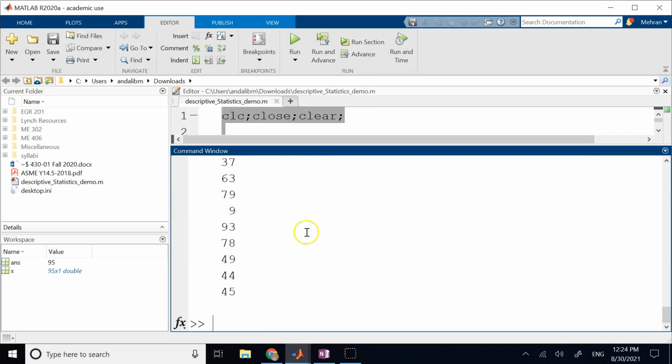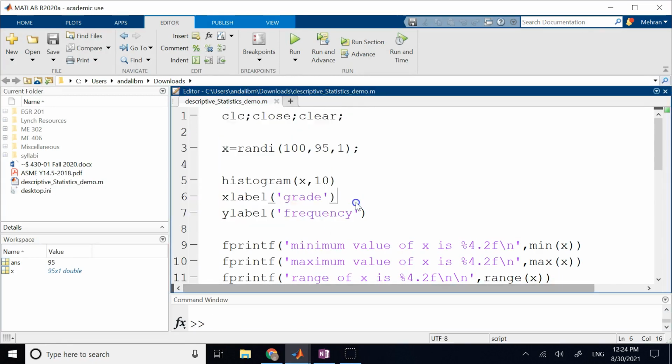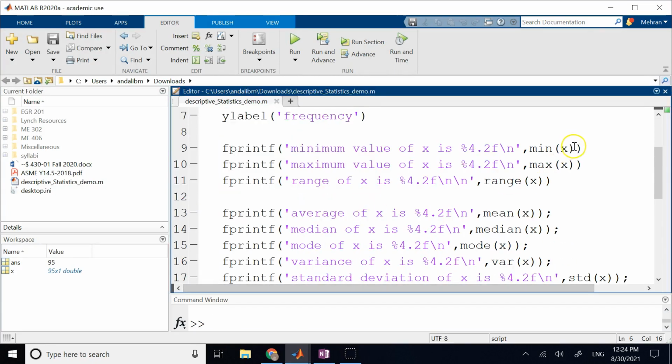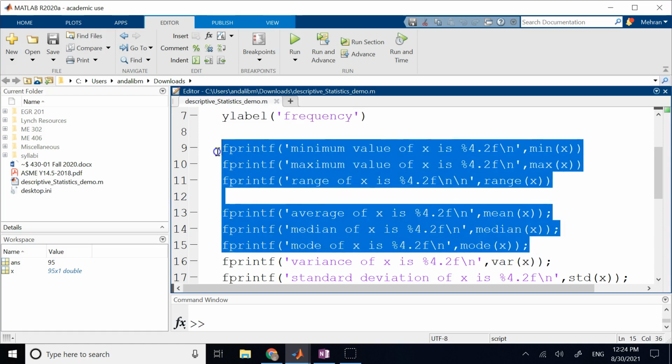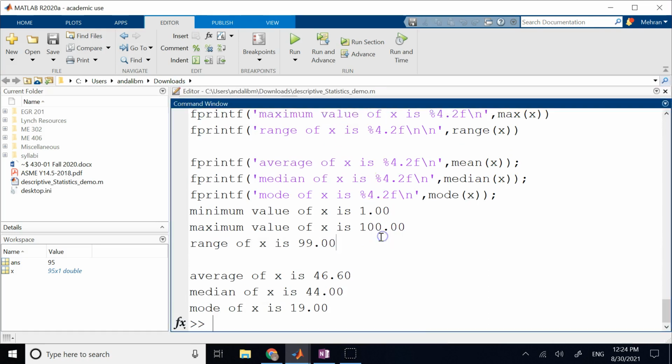Instead of me showing you all of this, now I show you what? I show you the range of the data, which the command range does, the average, the median, and the mode. So look here. It says the average is 46.6, the median is 44, and the mode is 19 in this set of data.